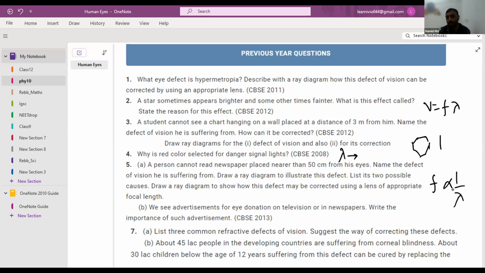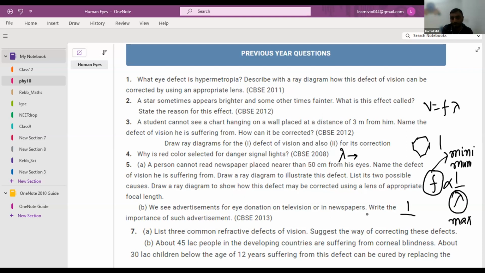So wavelength is maximum and frequency is the opposite of maximum, which is minimum.